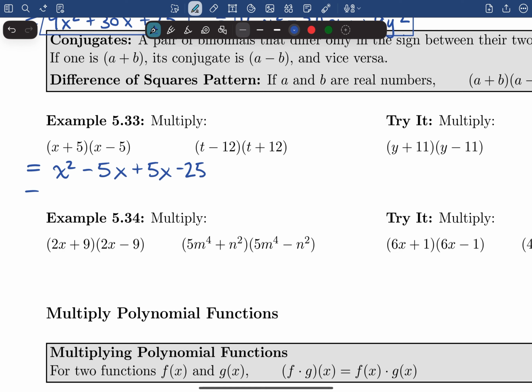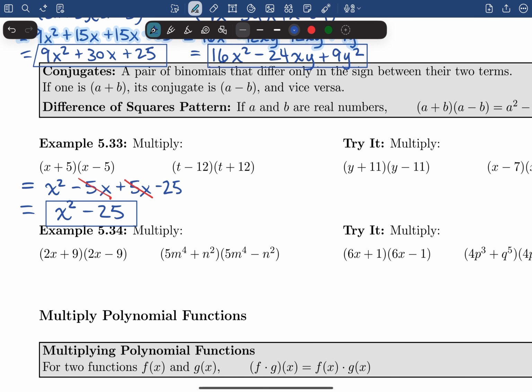The outer and inner terms of foiling end up being opposite signs of the same value. Negative 5x plus 5x cancel, and we end up with x squared minus 25.